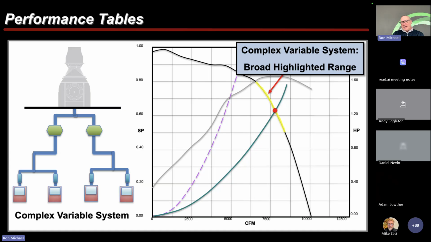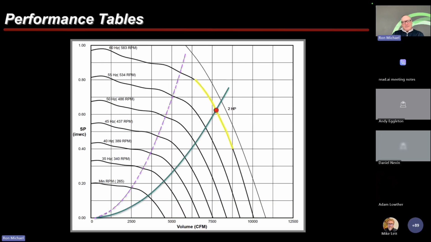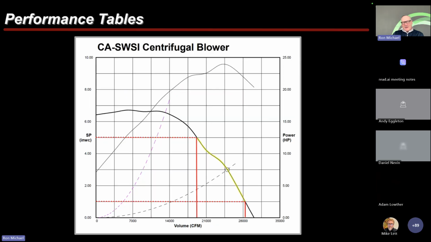Okay. And then if we take the same selection, and we adapt it to a multi-speed curve, it's the exact same fan. Now we can simply see where we're operating. And if you look at your high side and your low side, you'll know that you can operate anywhere in this range as you have adjustment in your system. Okay. Right.